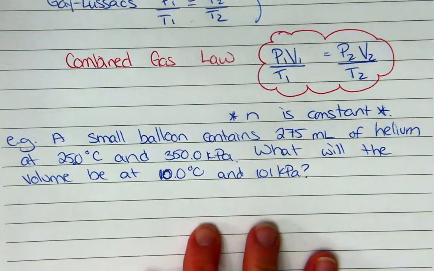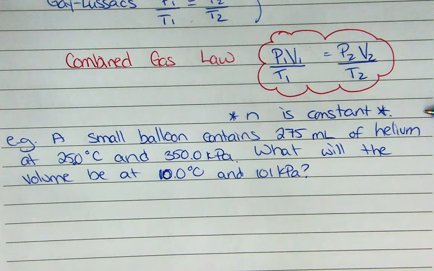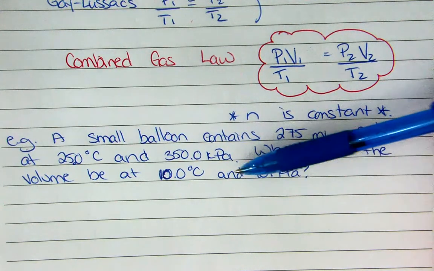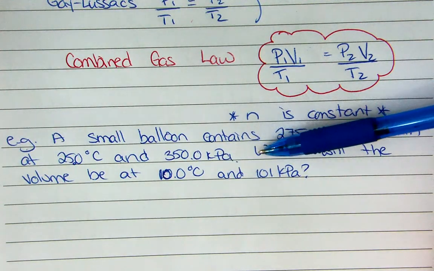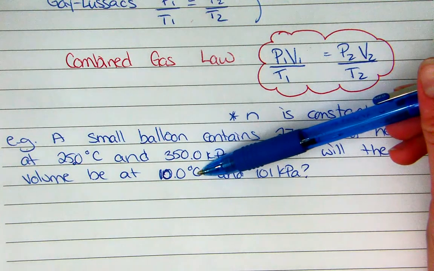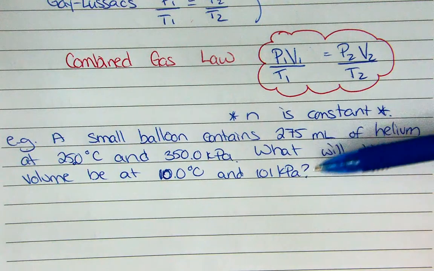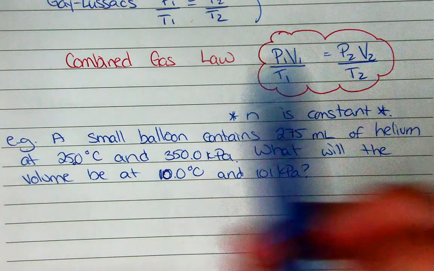It's pretty small. It's containing 275 milliliters of helium gas at 25 degrees Celsius and 350.0 kilopascals. I want to know what the new volume will be when the temperature drops to 10 degrees Celsius and the pressure drops significantly to 101 kilopascals.